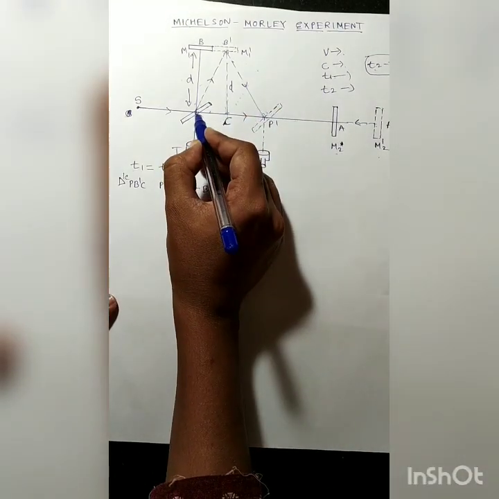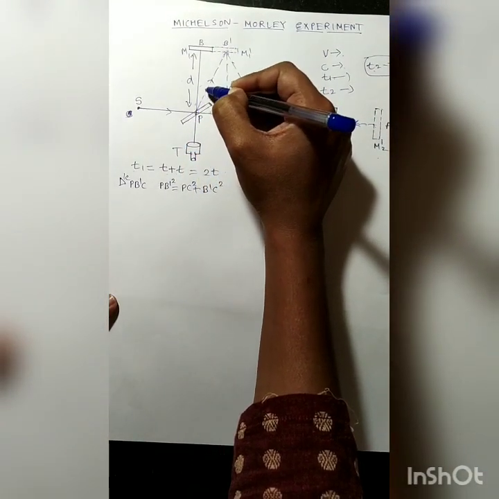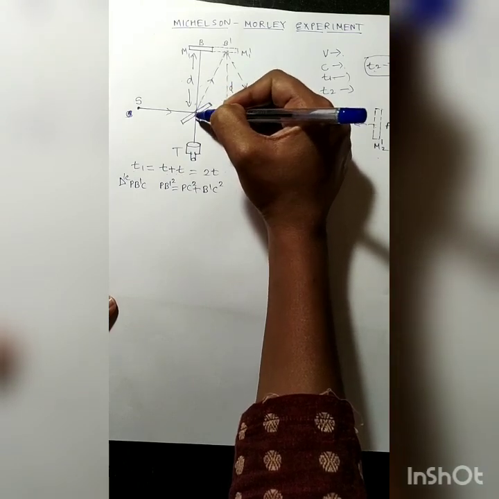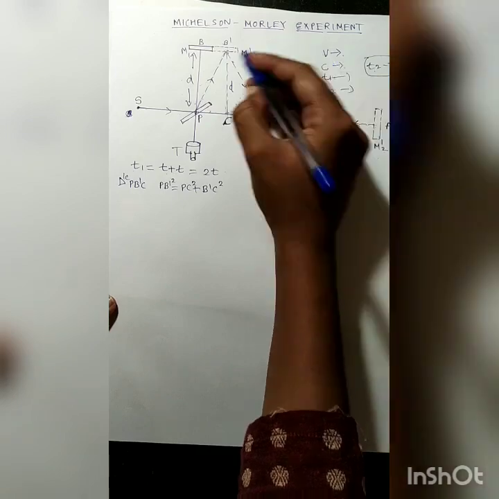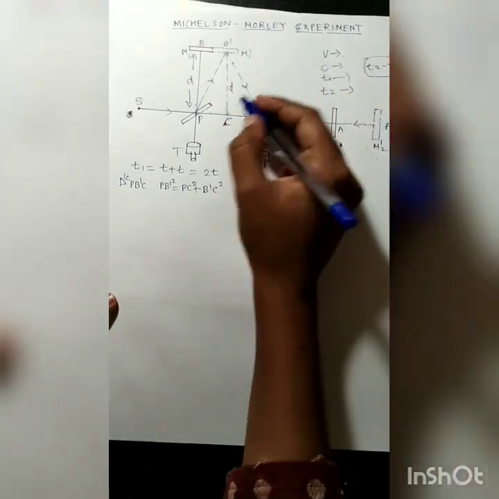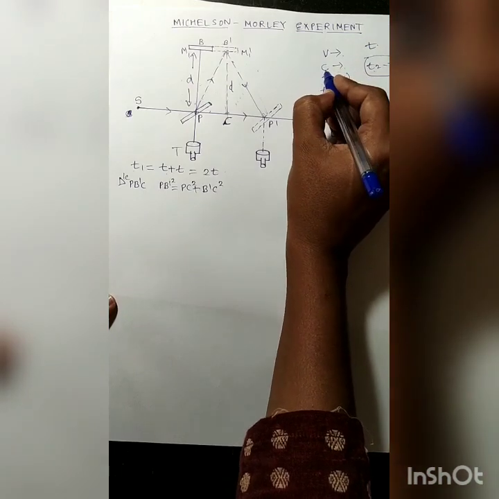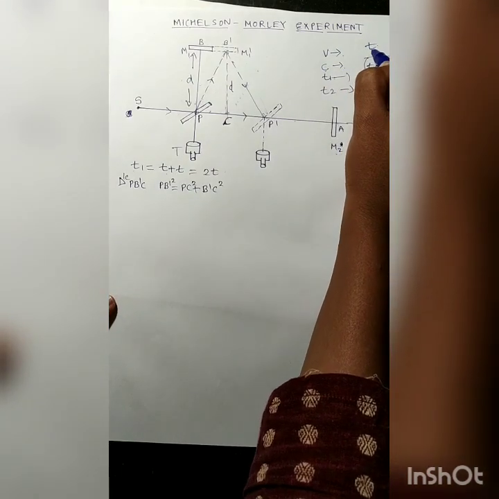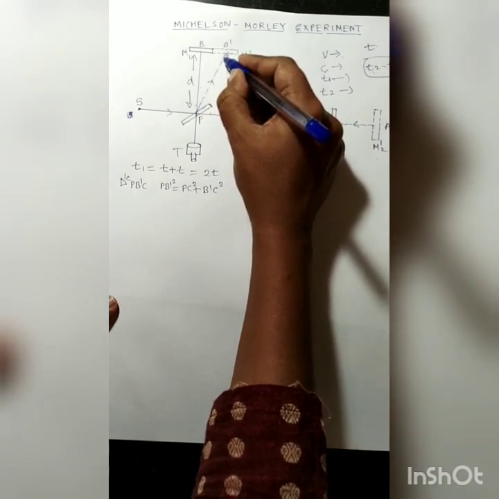Now I want to calculate this value and this value. This is nothing but the light ray. When it is moving, it has the velocity c, and how much time is it taking? It is taking the time t. So the light ray has this velocity and takes this much time, then this distance is nothing but velocity into time.